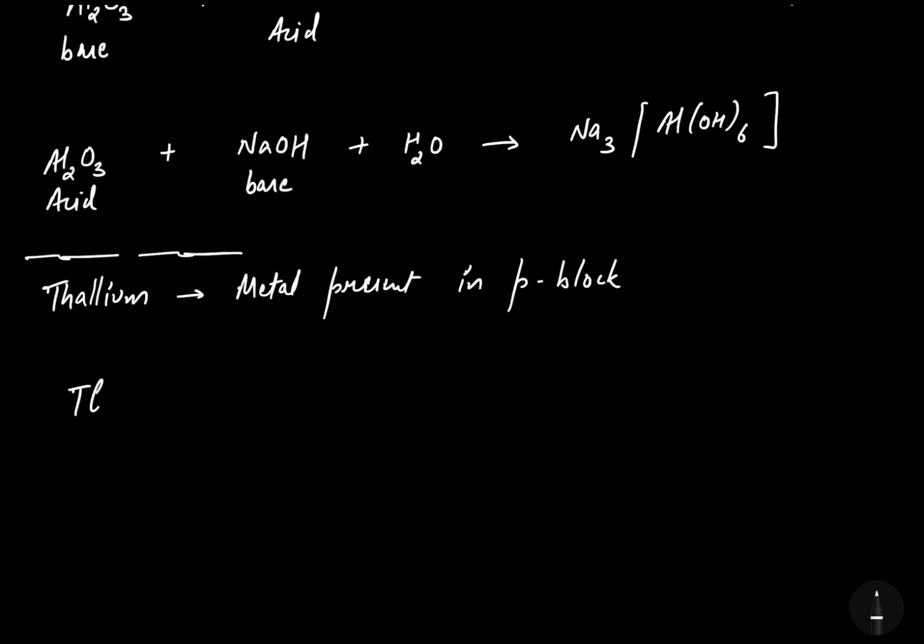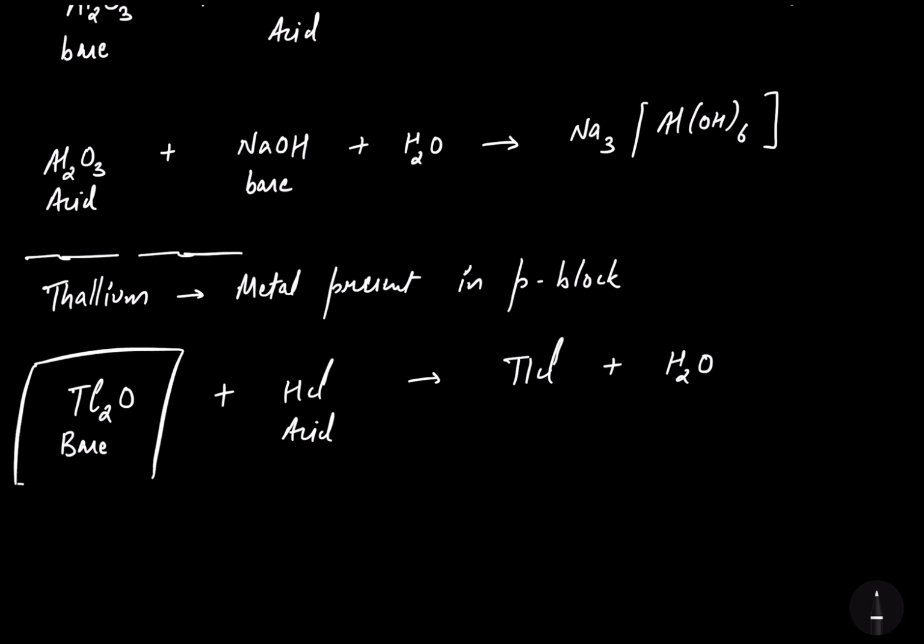I'm taking the example Tl2O. It will react with acid. The acid is HCl, so thallium oxide will act as a base over here, and it will react with the acid to form thallium chloride and water. So here thallium oxide is acting like a base, so it's a basic oxide.